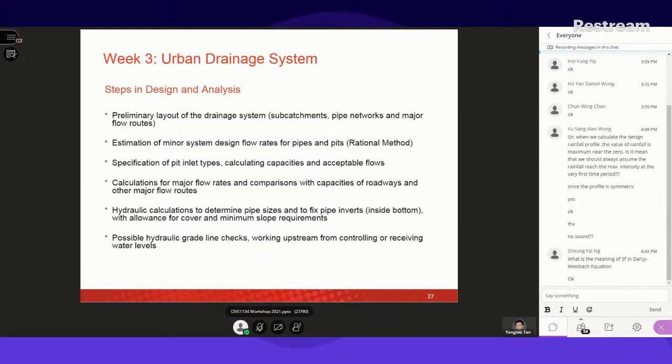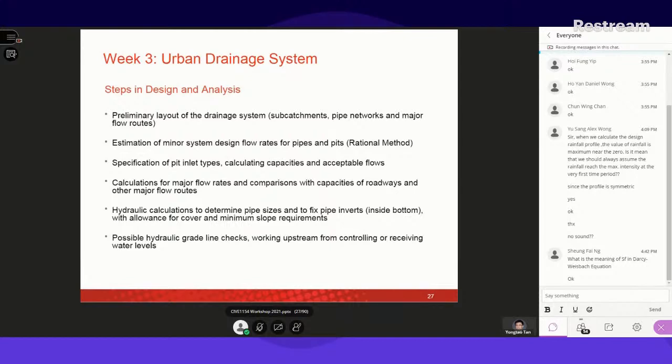The cover from the surface of the carriageway to the top of the pipeline is a minimum of 900 millimeters. For a footway, the minimum cover is 450 millimeters. And also the slope, normally a minimum slope of 1 in 100 is required.